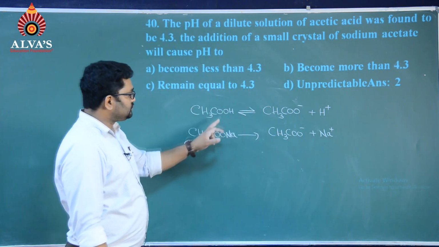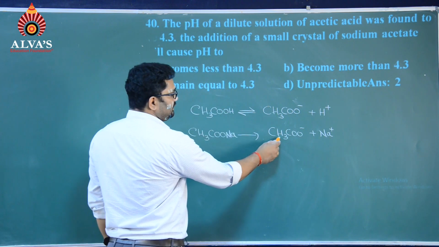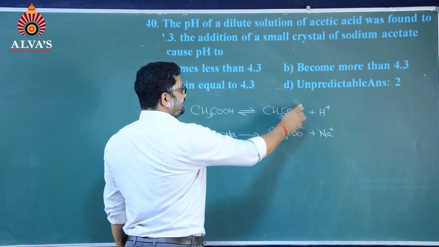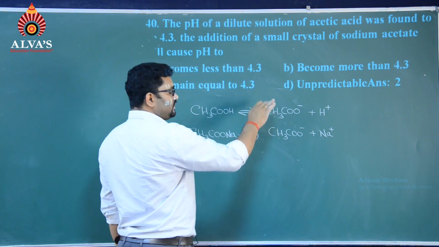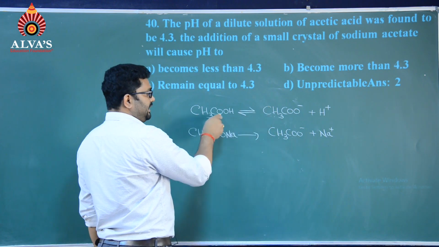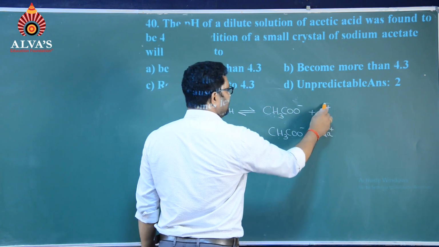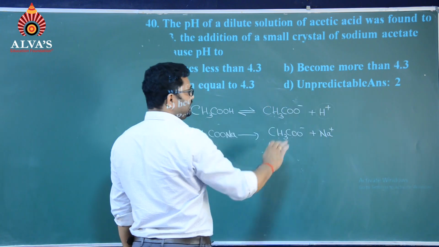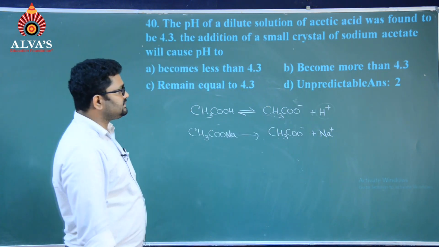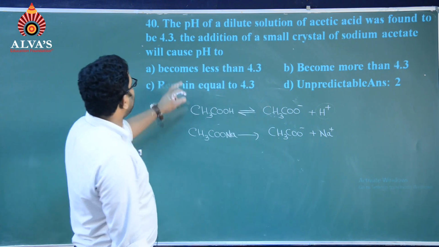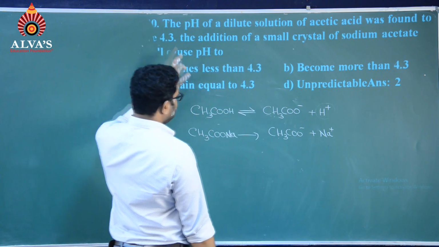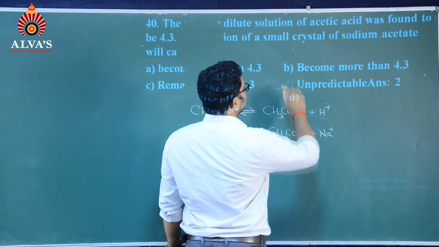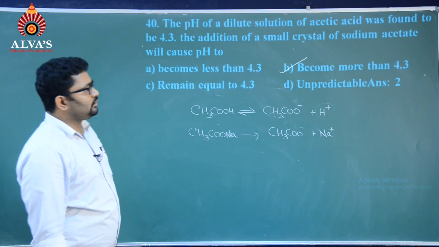That means to the solution we are adding a common ion, that is acetate. If you increase the concentration at equilibrium, the equilibrium wants to decrease it by favoring the backward reaction. Now the concentration of H plus decreases. When the concentration of H plus decreases, acidity decreases and pH increases. The pH was 4.3 for the acetic acid solution; now that will increase, it becomes more than 4.3.